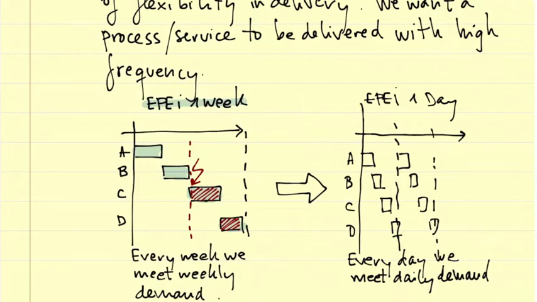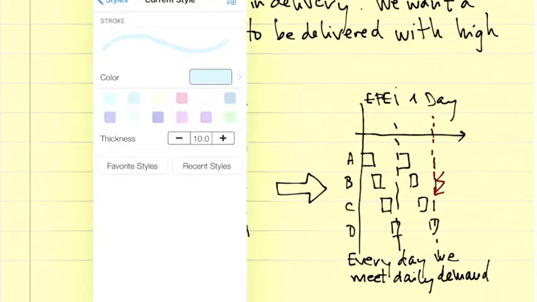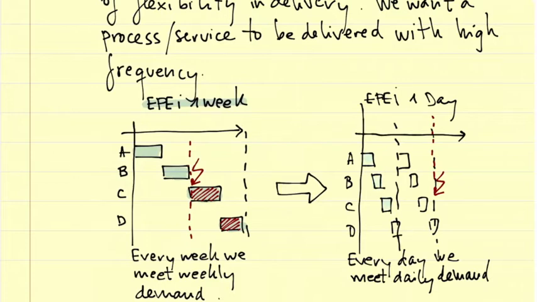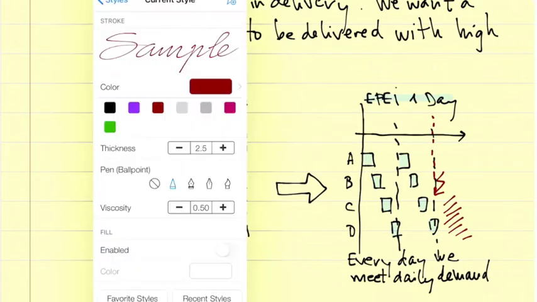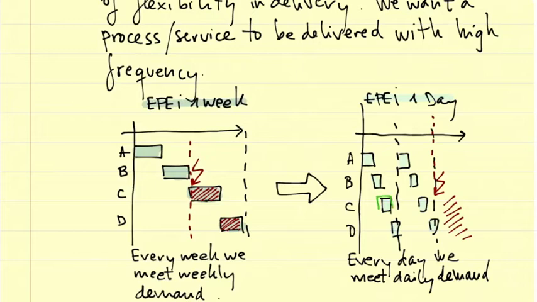However, if something happens on Wednesday on the second process, in which I have a daily EPI, with daily demand resolution, then if something happens on Wednesday, of course, the rest of the week I will not be able to produce, but I have already produced some of the products for C and for D, and I am more flexible.